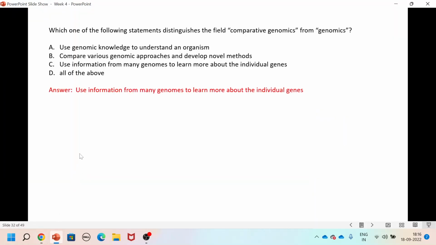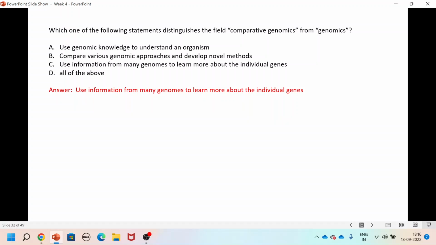Basically, genomics uses the knowledge to understand an organism. But what the question asks is, what is the statement that distinguishes the field of comparative genomics from genomics? Comparative genomics uses the information from multiple organisms, as we see in multiple sequence alignment, or even local alignment by BLAST.